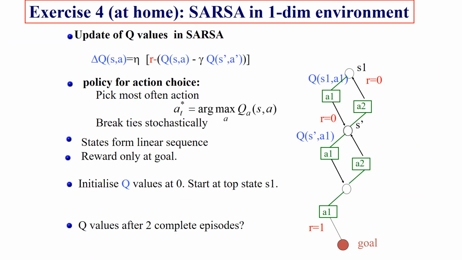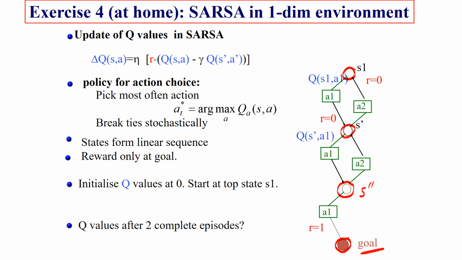Now let's see what this algorithm does in a sequence of states. From S1, you can take an action A1 that leads you to state S prime. From there, again, action A1 leads you to a state, say, S double prime. And from there, again, action A1 leads you to a final state, S triple prime, which happens to be the goal state.